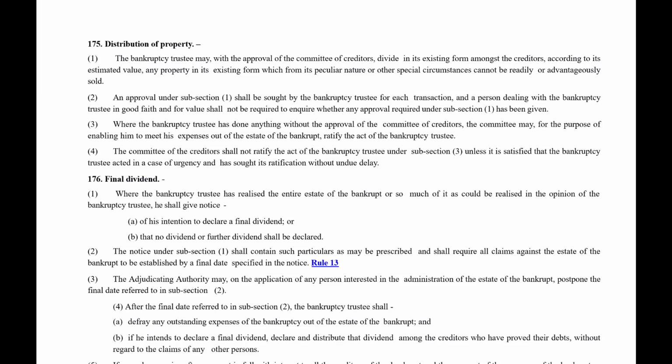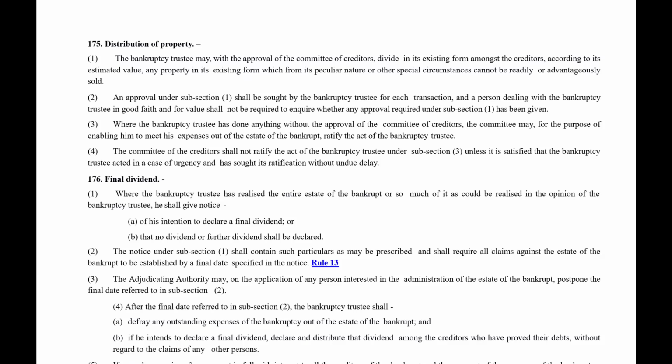But in case of liquidation, he has to take the approval of the adjudicating authority. There, you have to take the approval of the adjudicating authority. Can you tell me the section, Pradeep ji? Can you tell me the section in liquidation? In liquidation there is a section which says that with the approval of the adjudicating authority. I think you will get it in regulations.